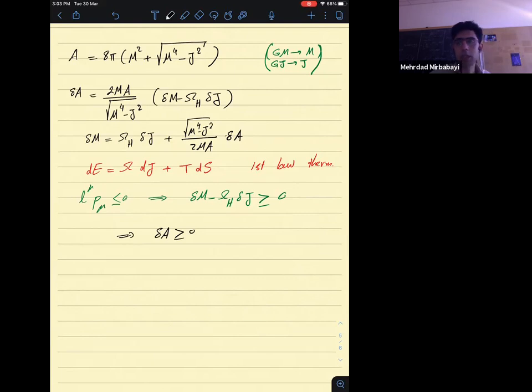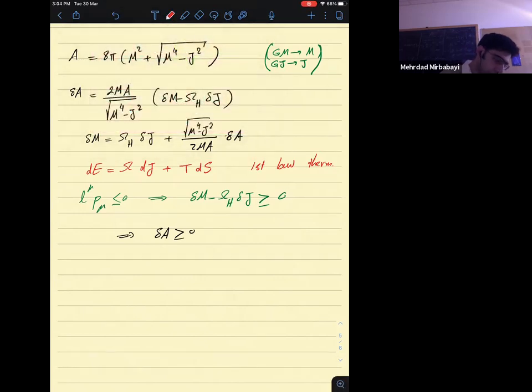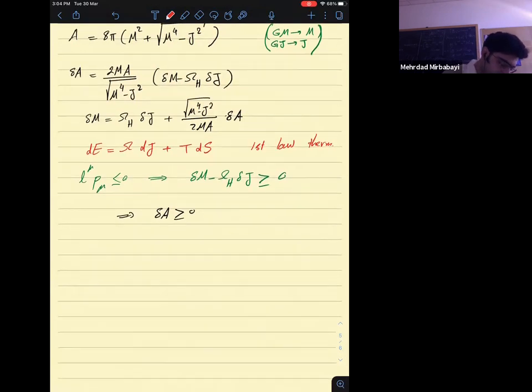Even if we extract energy from the black hole, so the mass goes down, since the angular momentum goes down even faster, the area will increase. This equation now superficially looks like the second law of thermodynamics, which says delta S has to be positive.